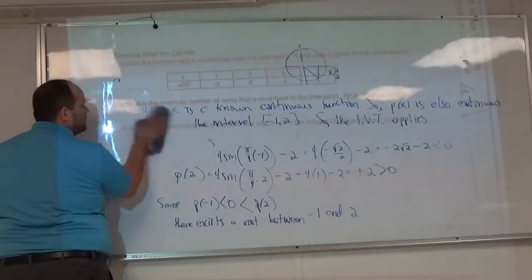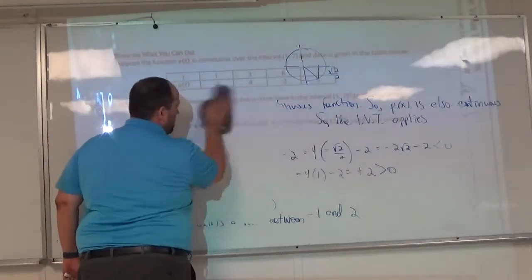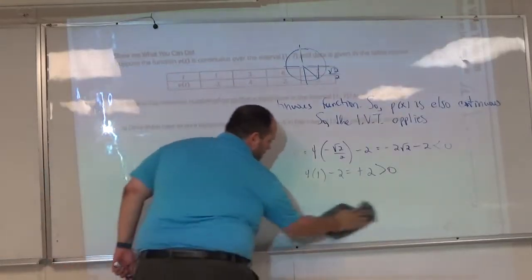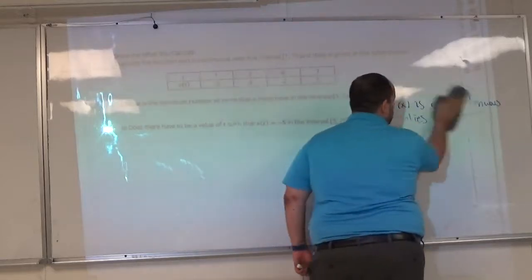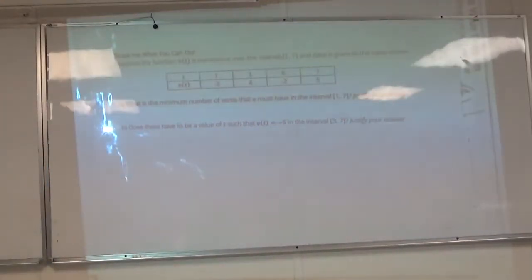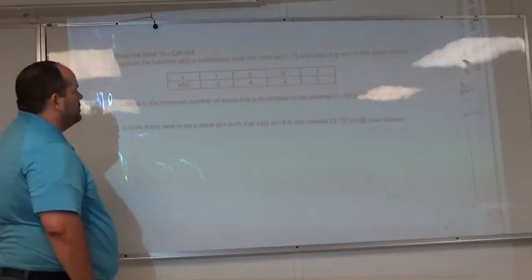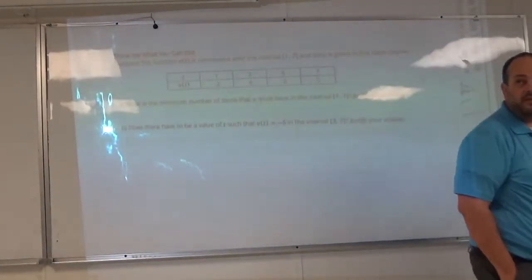Trust your instincts. V is continuous on the interval 1, 7. What's the minimum number of zeros that v must have?